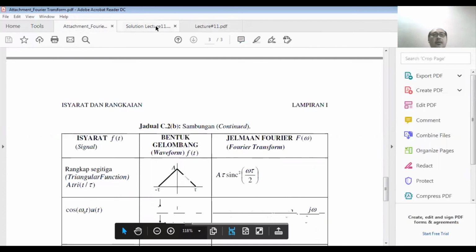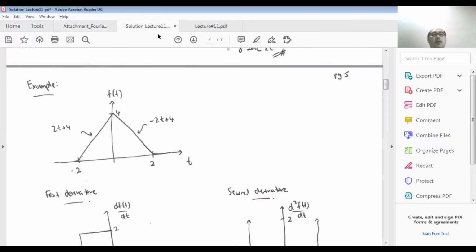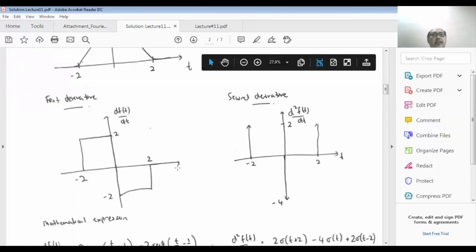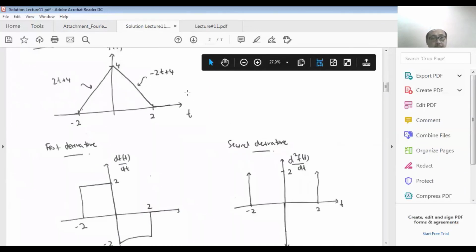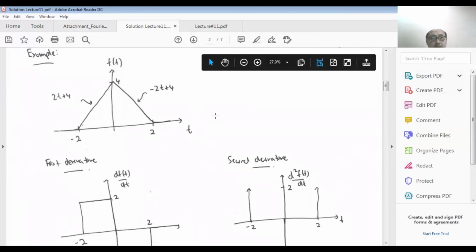So we can find the expression of the Fourier transform for this first order differentiation by simply multiplying the j omega with the Fourier transform of this triangular function, which should be equal to j omega multiplied with a sinc squared term.